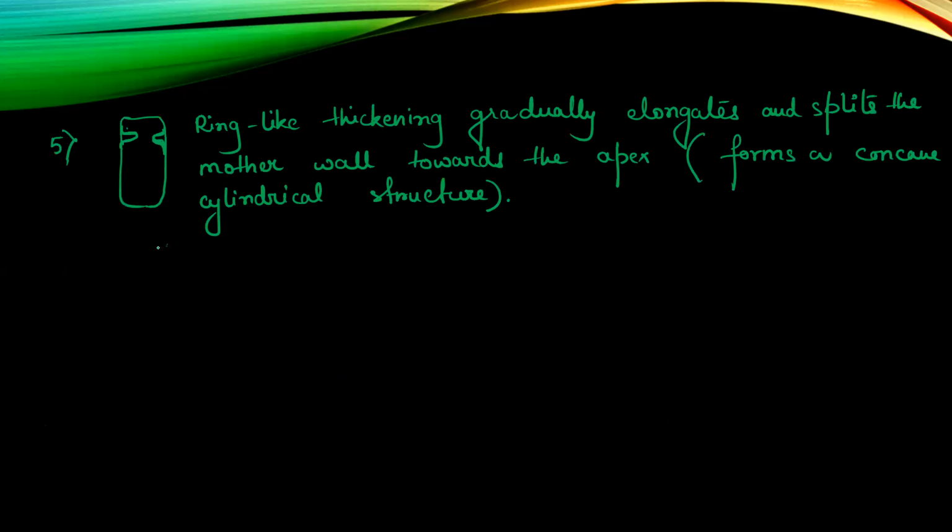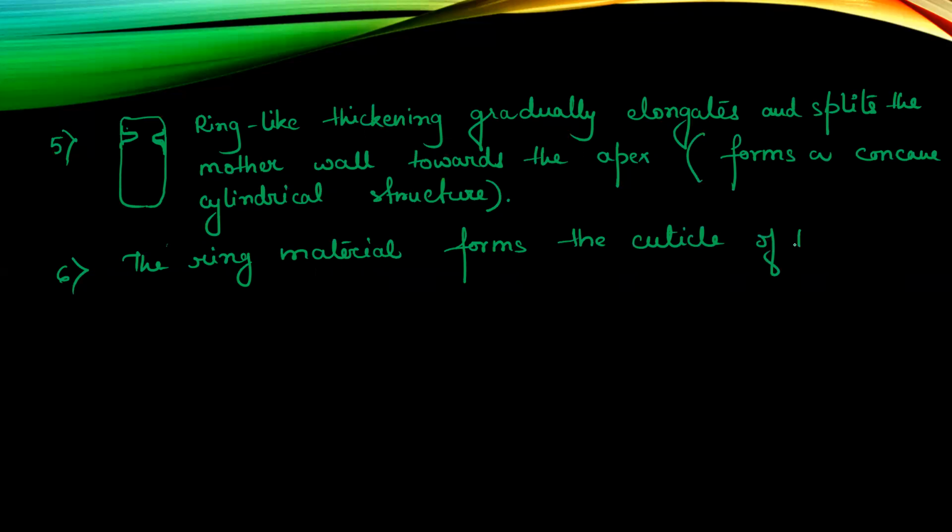The ring material ultimately forms the cuticle of the upper daughter cell. So the ring material forms the cuticle of the upper daughter cell. Okay.